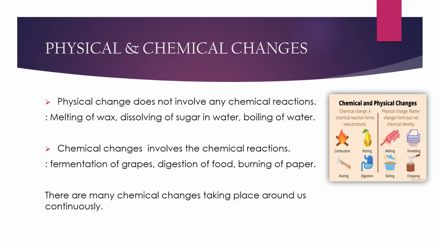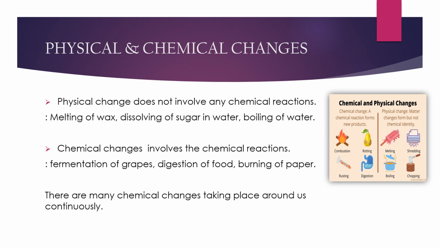Chemical changes involve chemical reactions, such as fermentation of grapes, digestion of food, burning of paper. As we know, we have to use some chemicals to convert the grapes for fermentation.